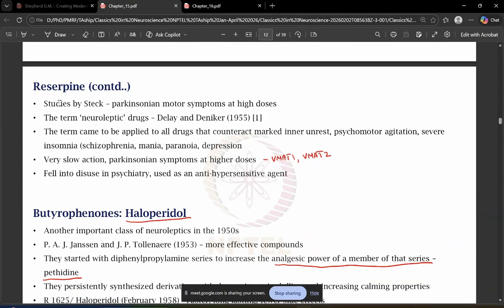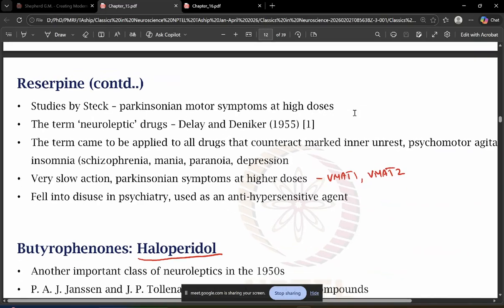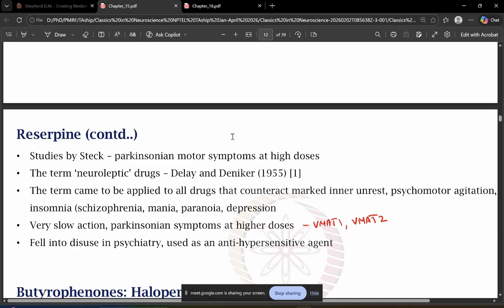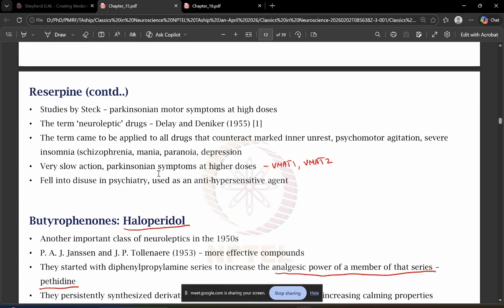But again, it was shown that reserpine also has Parkinsonian motor symptoms at high doses. So this is similar to what we saw in case of chlorpromazine. And the term neuroleptic drugs was coined by Delay and Deniker. So Delay and Deniker were the individuals who had shown the calming effect of chlorpromazine. So drugs like chlorpromazine and reserpine and later haloperidol were shown to act as neuroleptic drugs.